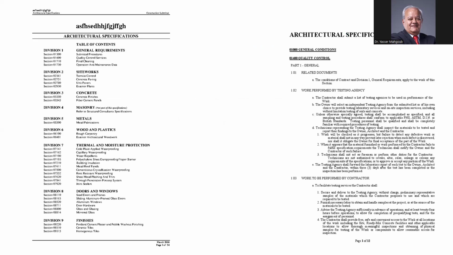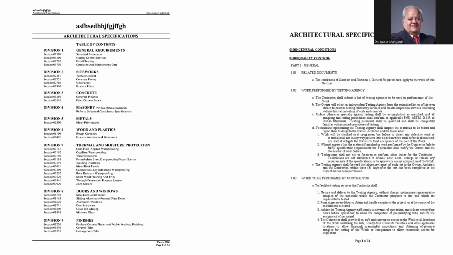This is a sample of part of a written specification. The specifications are divided into several divisions. Each division is concerned with a type of work, and each division is divided into subdivisions.